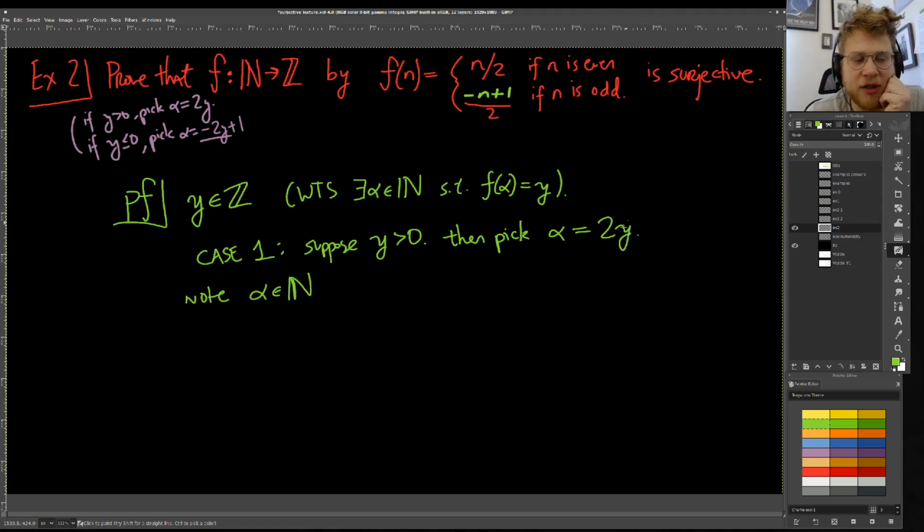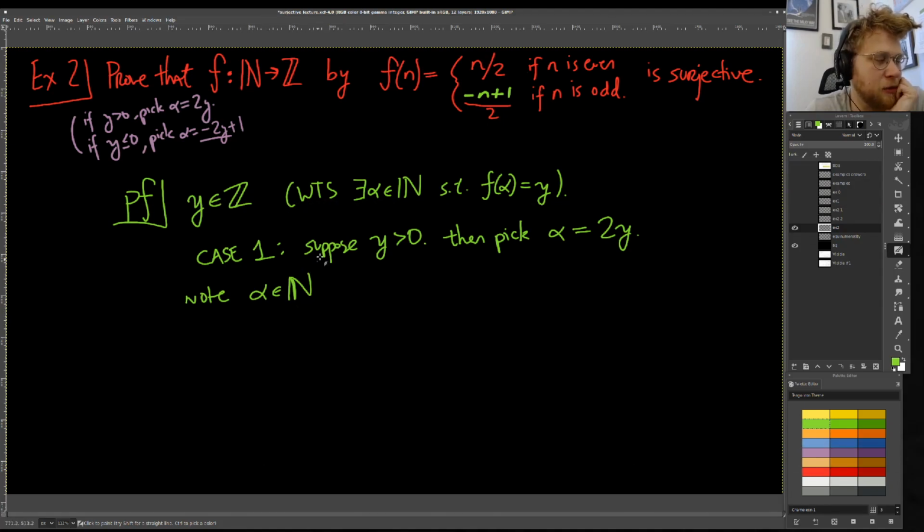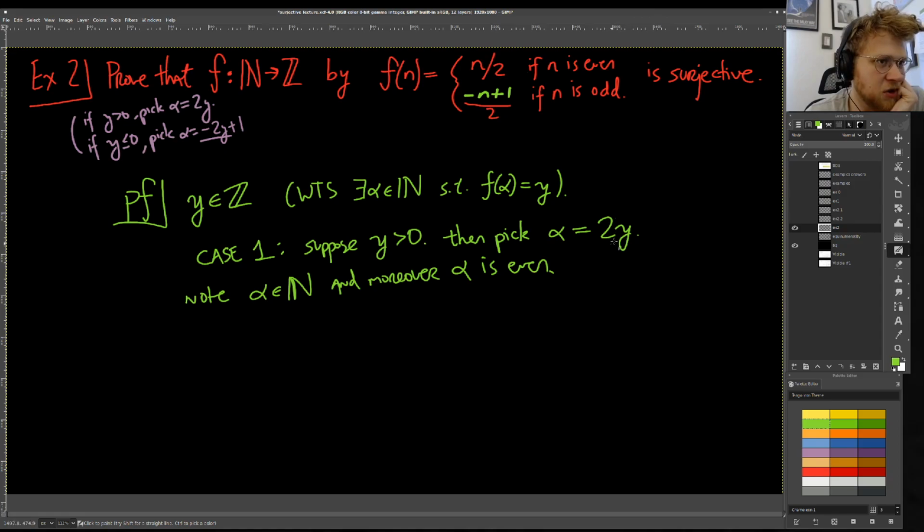So a greater than 0 integer multiplied by a positive number means that it should be in our domain that we want. It should be in the natural numbers. Moreover, alpha is even because it's 2 times an integer. So there's the factor of 2.